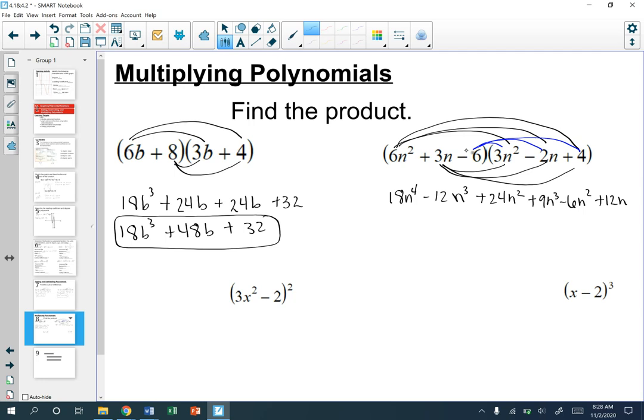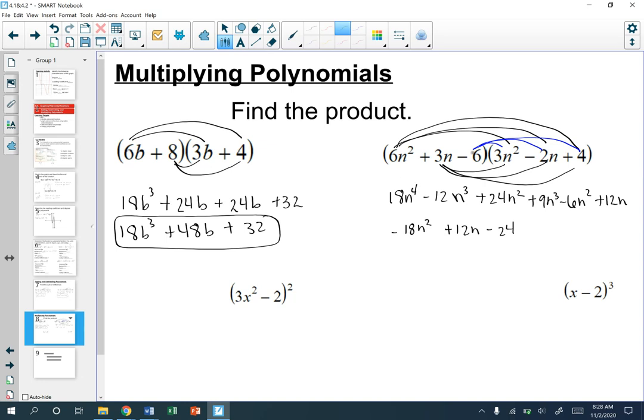Now I move on to that negative 6, and I have negative 6 times 3n squared gives me negative 18n squared. Negative 6 times negative 2n gives me a positive 12n. Now I have a negative 6 times positive 4 gives me a negative 24. So now I'm going to use my colors to combine like terms.